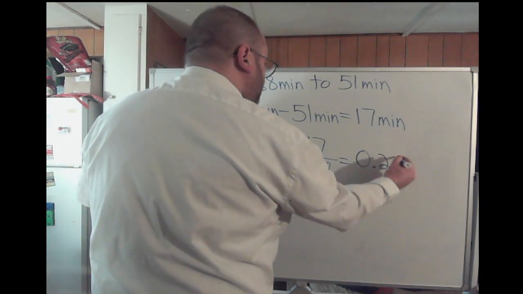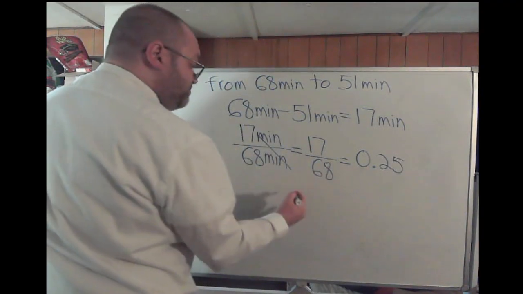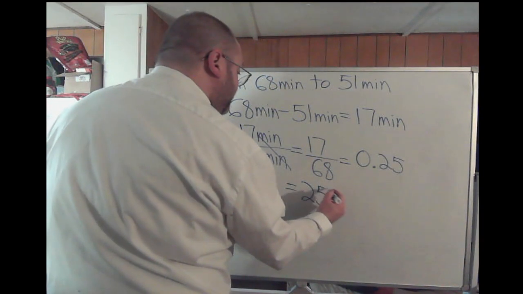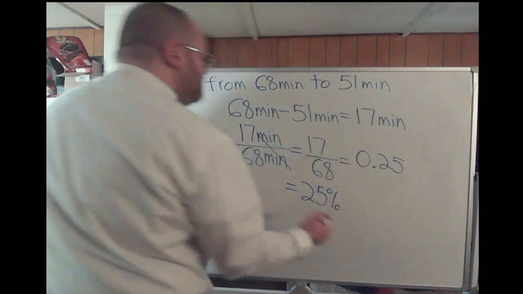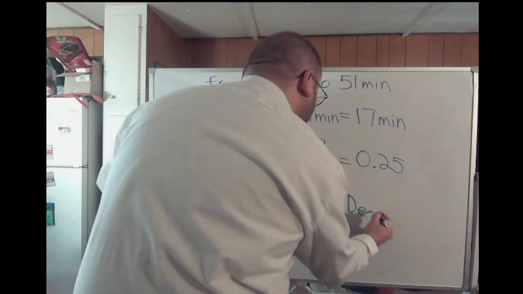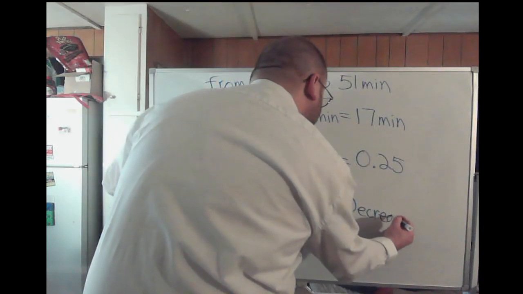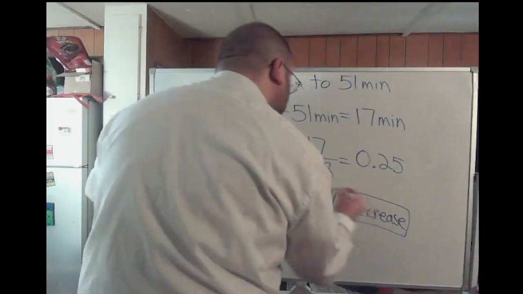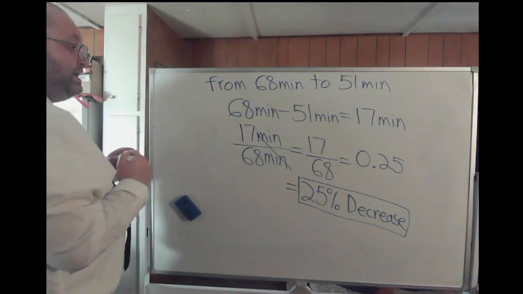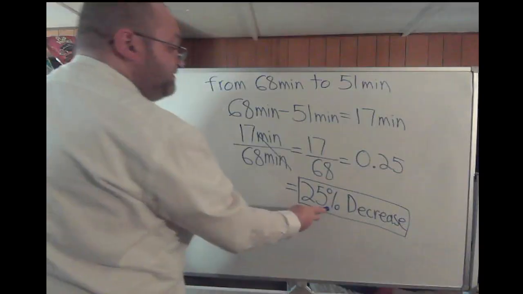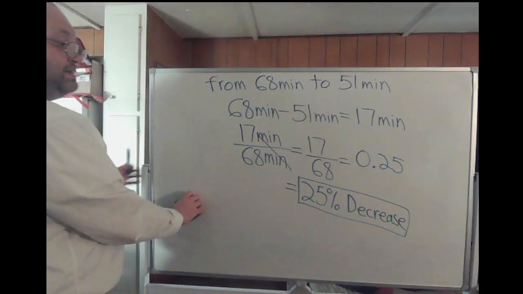You'll get 0.25 as a decimal, which as a percent is 25%. But this time it's a decrease, so you would have a 25% decrease. So yes, from 68 minutes to 51 minutes, that's a 25% decrease.